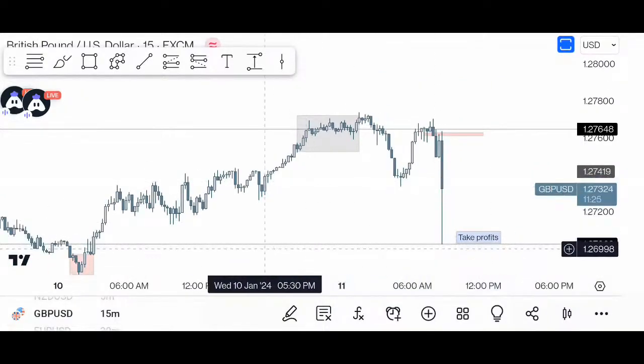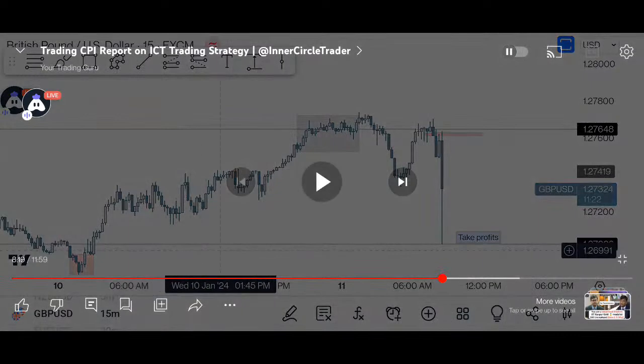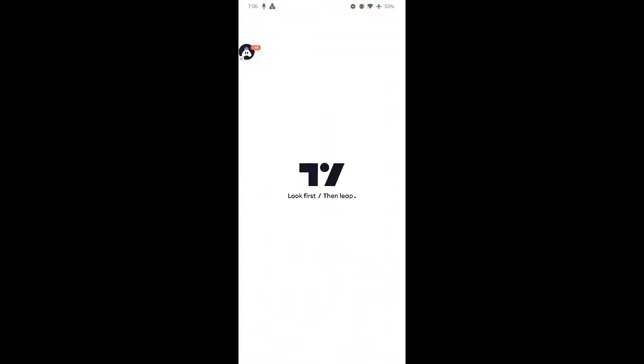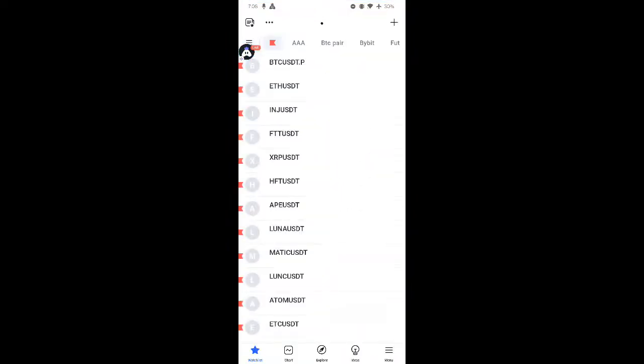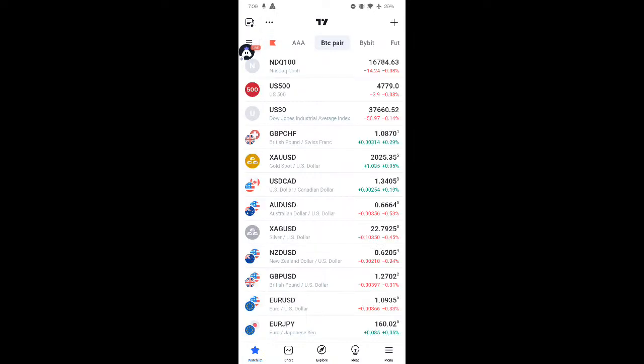You have to look for those important levels. Now I will take you to the TradingView app, and I will again explain those levels. And that was the GBP.